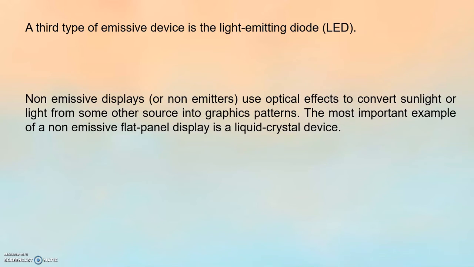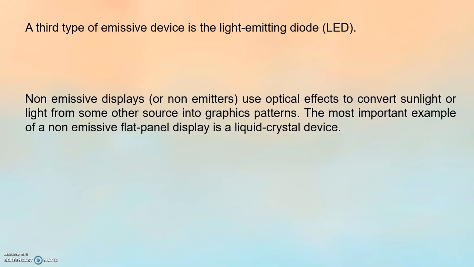Next, we'll move on to non-emissive displays. Non-emissive displays or non-emitters use optical effects to convert sunlight or light from some other source into a graphics pattern. Here the most important example is the liquid crystal display device. LCDs are commonly used in small systems such as calculators and portable laptop computers.